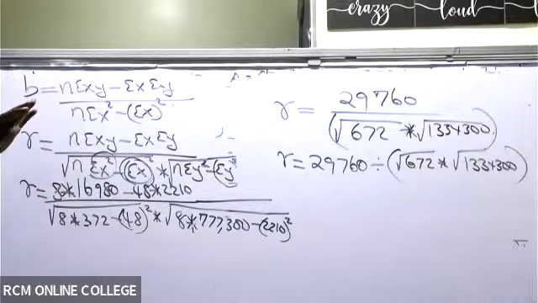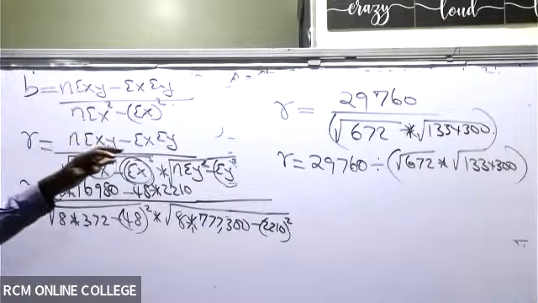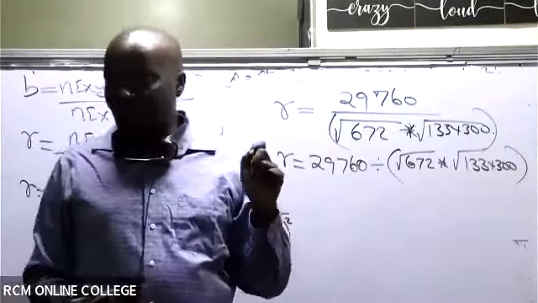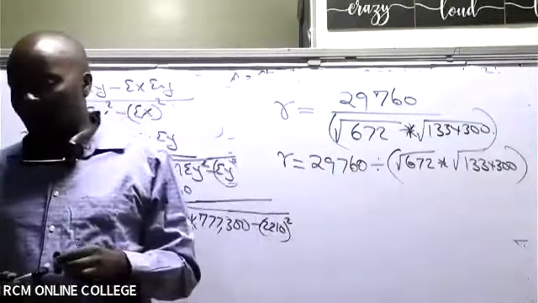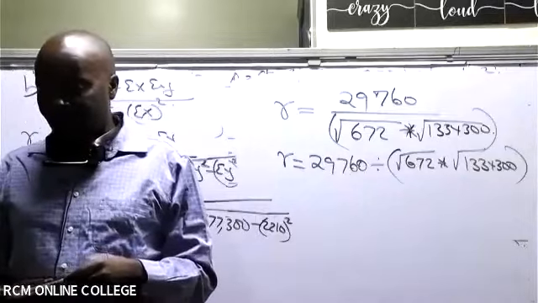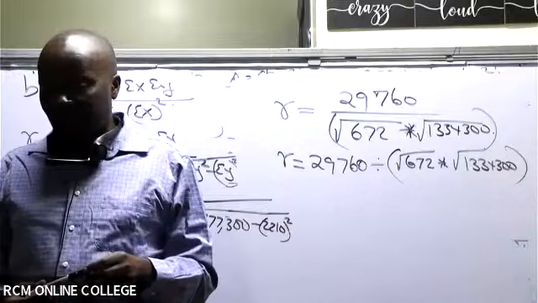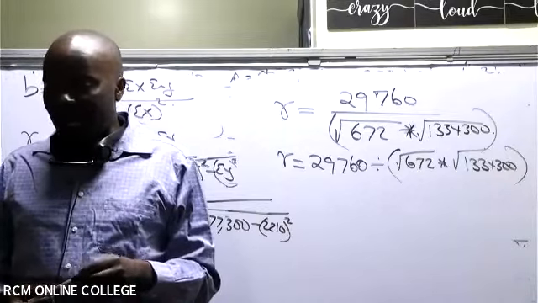Do it with one stroke, but remember to put the denominator terms into their brackets. What are we getting here, ladies and gentlemen, as our R?